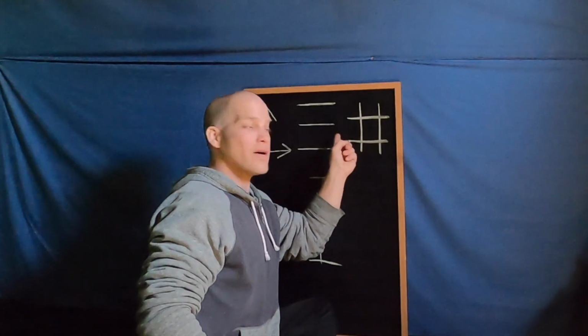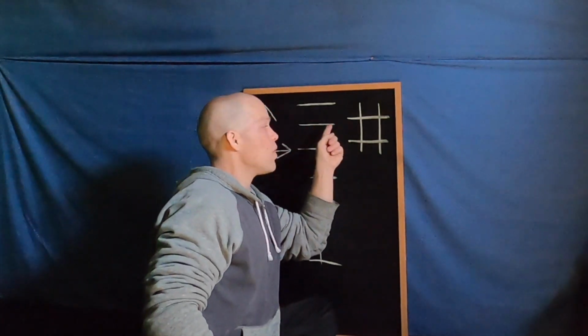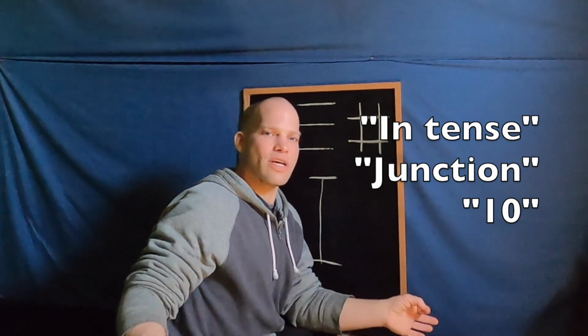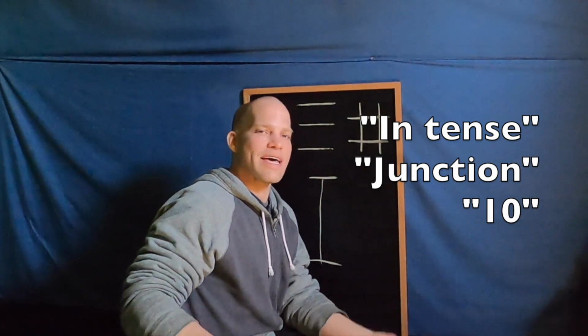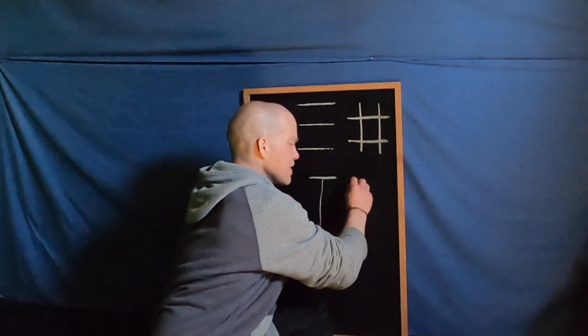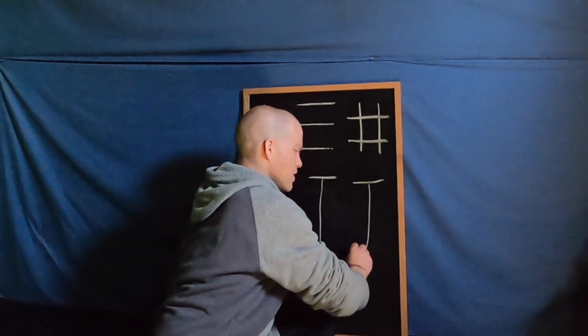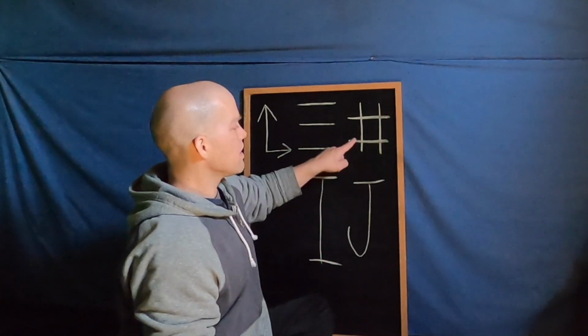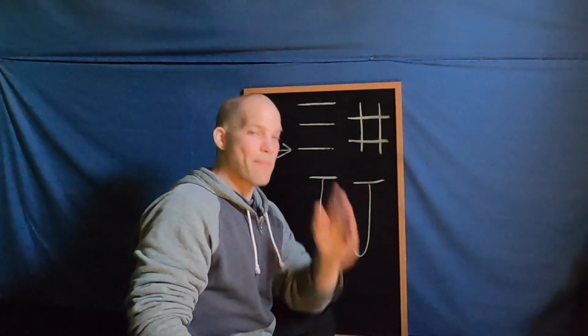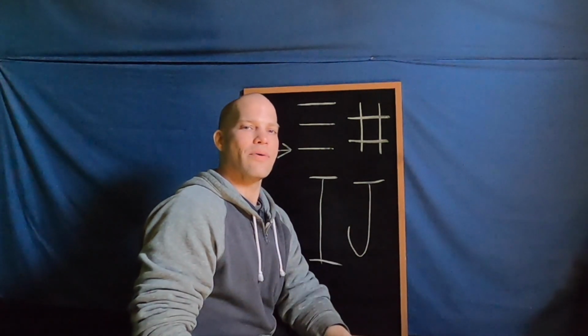The J is in the center and pointing to the left. So all this stuff is now intense, or I say junction to the identity, but it's just easier to say intense, J. So that is this same shape, just turned sideways, coming from this idea over to here, straight up. It's happening intense right now.